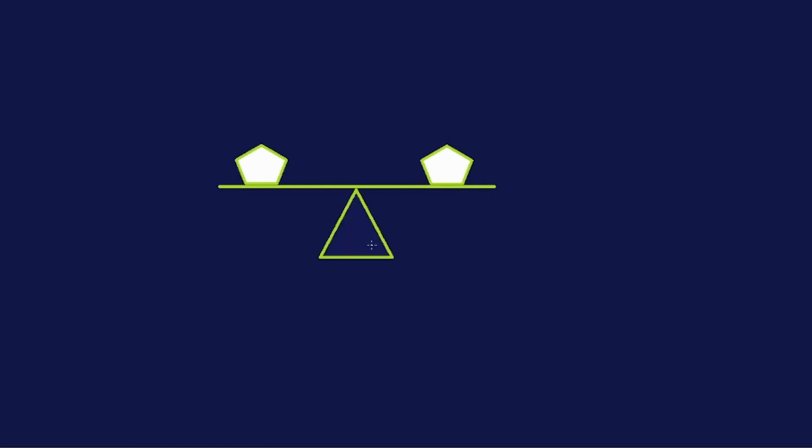You've got a scale that you want to keep balanced. Just like that. And you've got a weight on this side and the exact same weight on the other side. The scale is balanced. This is a good way to think of an equation with our equal sign right there.